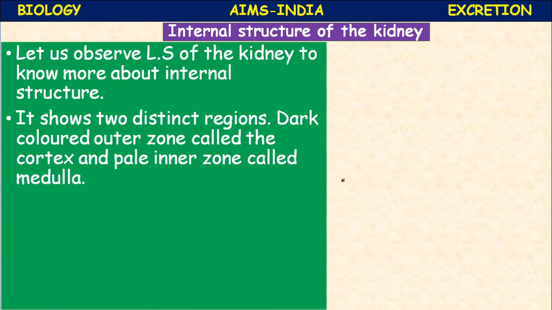One is a dark colored outer zone called the cortex, and the pale inner zone called the medulla. The outer cortex is dark colored, pinkish or reddish. The inner medulla is somewhat brownish in color. That is why we can say the kidneys are reddish brown in color.